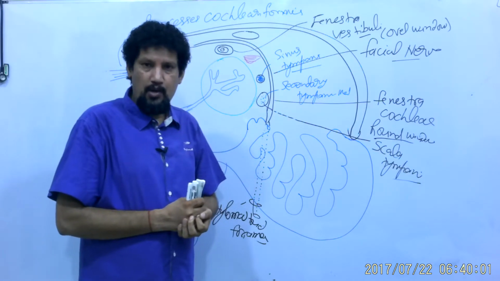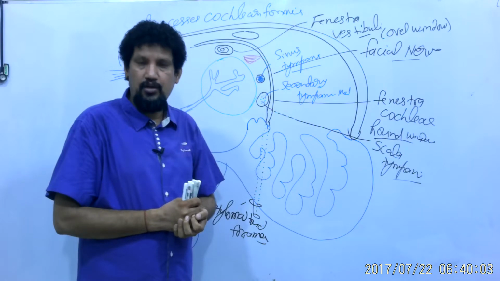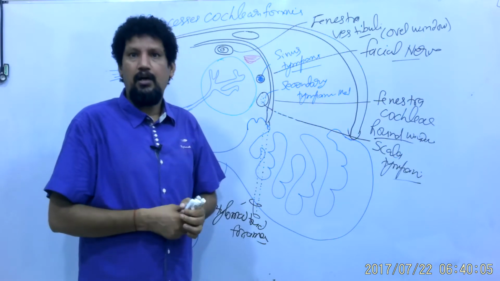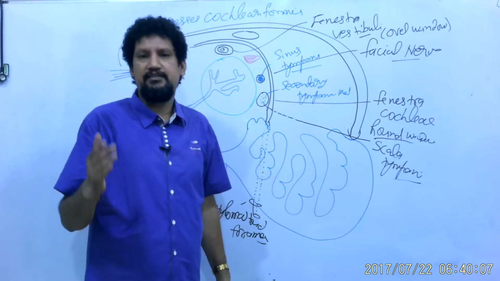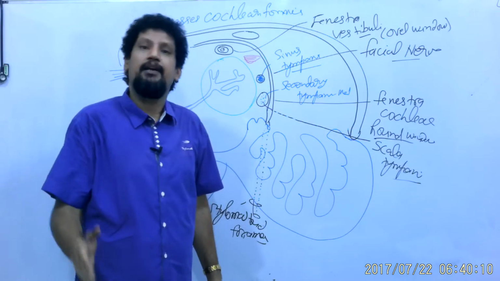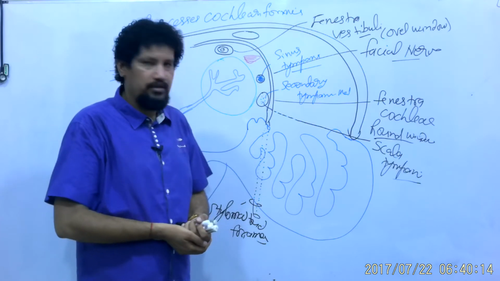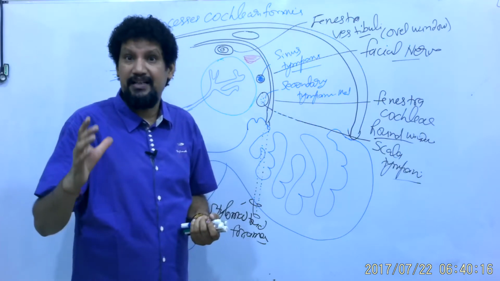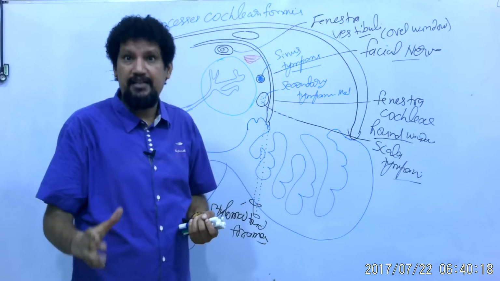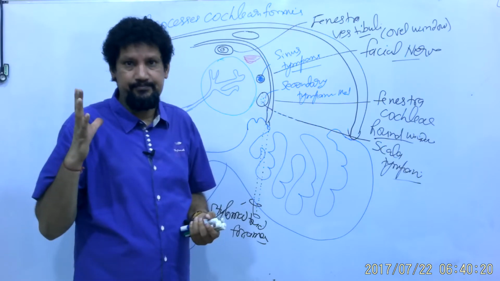Now, I will talk about the lateral wall or membranous wall, which is formed by the medial surface of the tympanic membrane, and uppermost part is formed by the squamous temporal bone, which is known as the epitympanic recess or epitympanic part of the middle ear cavity.